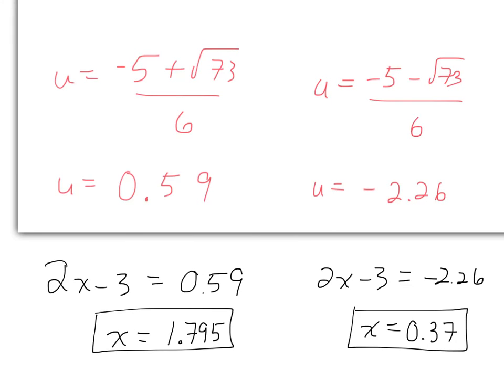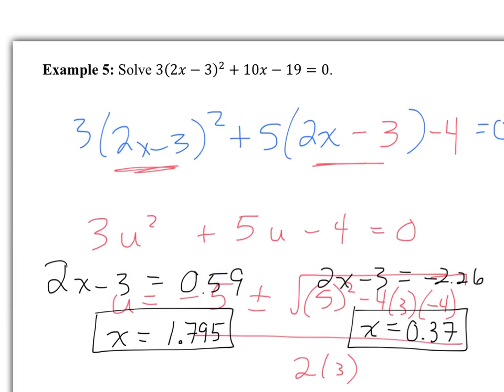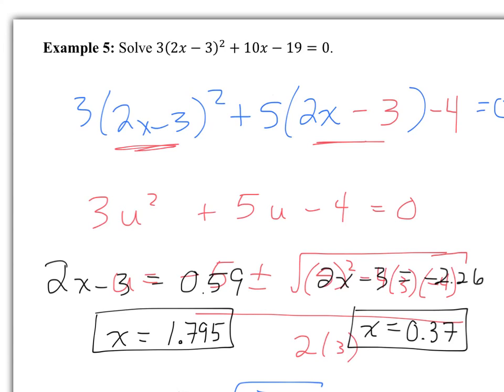One thing to recognize, so a problem like this that happened to not work out with AC method in the end, probably would have been the same time to multiply it out in the beginning, right? If you went back to the beginning of this problem, and you looked at the original, and you just FOILed out the 2x minus 3, collected all your terms, and then just used the quadratic formula.